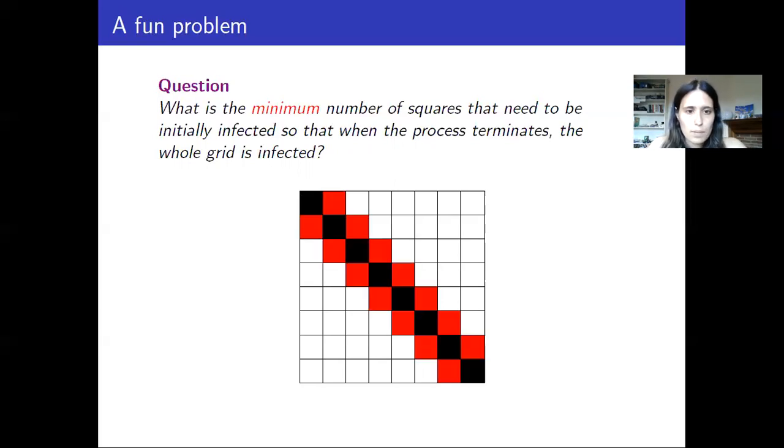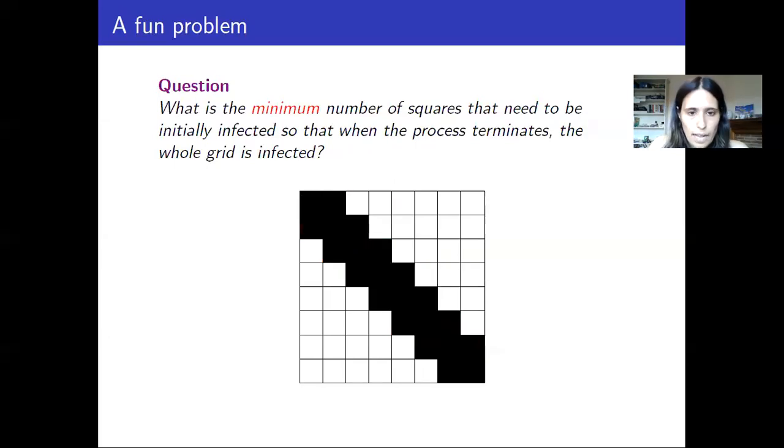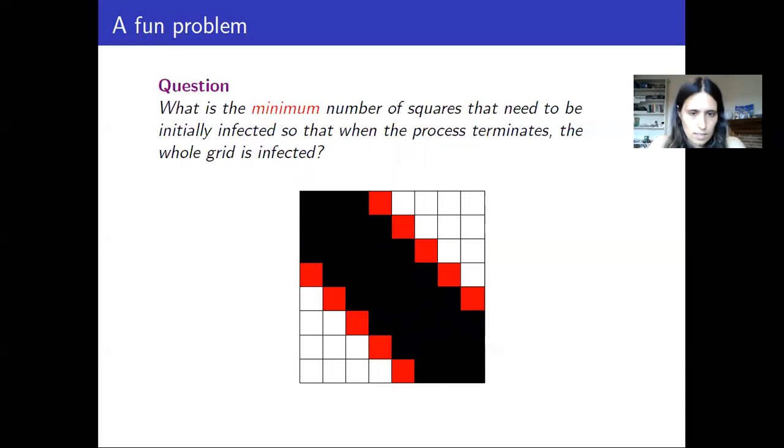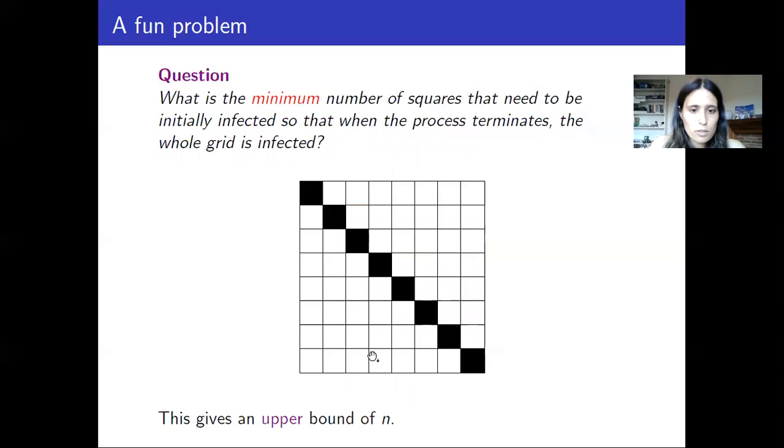So in the first step, we get the diagonals next to the main diagonal, and this keeps spreading and eventually will hit everything. So this construction gives an upper bound of n on this minimum number of squares. Hopefully, when some of you thought about this, you came up with n. This isn't the only construction that will work. There are many constructions of n squares that will work as well.